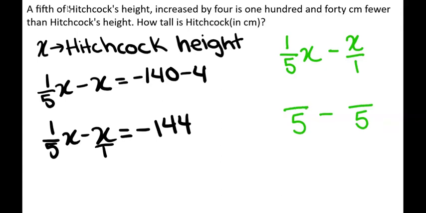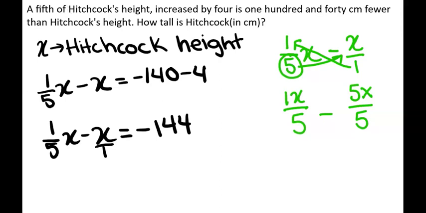Okay. Now we have to multiply the denominators to the numerator of the other fraction. So 5 times x is equal to 5x, and 1 times 1x is equal to 1x.